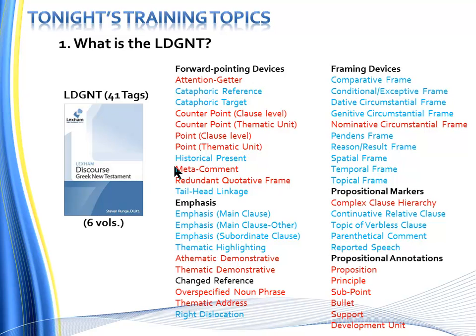So if you want to get the Lexham Discourse Greek New Testament, you have to buy 6 volumes, and that's going to include the previous 3 volumes I just mentioned, the HDNT. So it's sold that way. Now, the LDGNT, and it's going to be hard to say this acronym all night, but it really comes with these 41 tags.